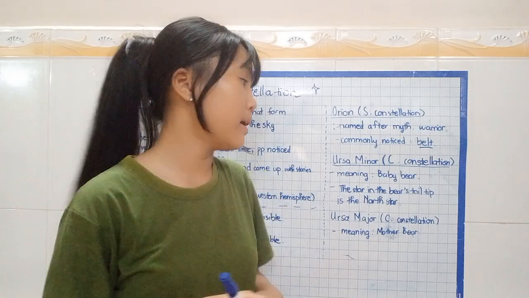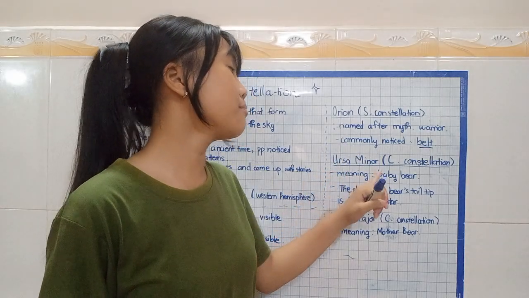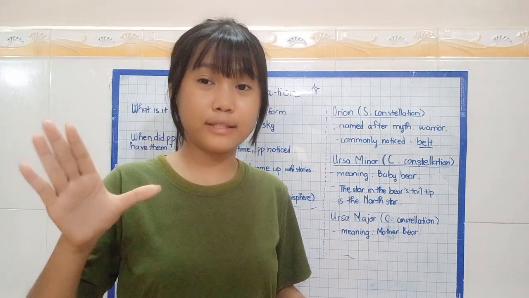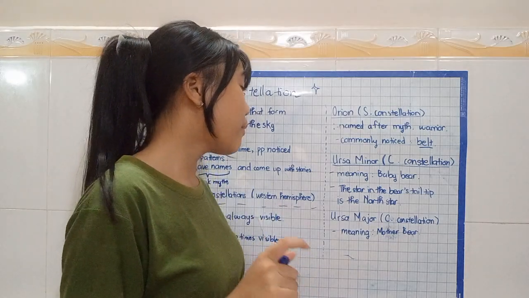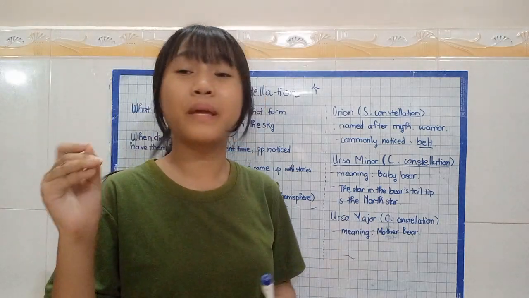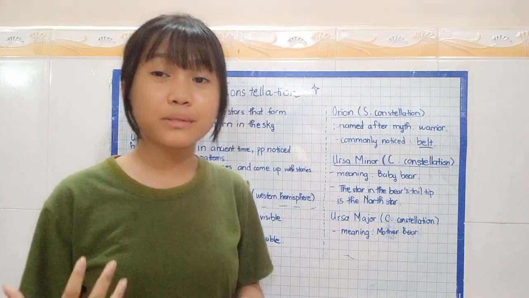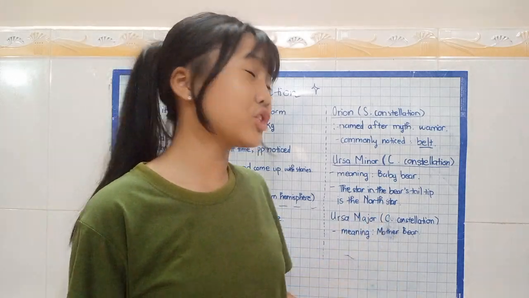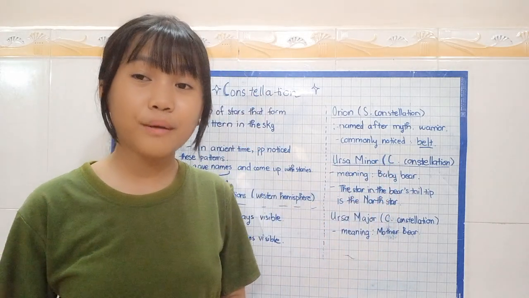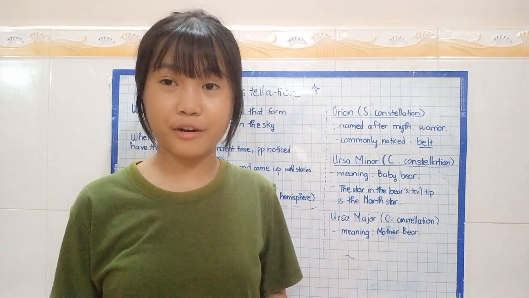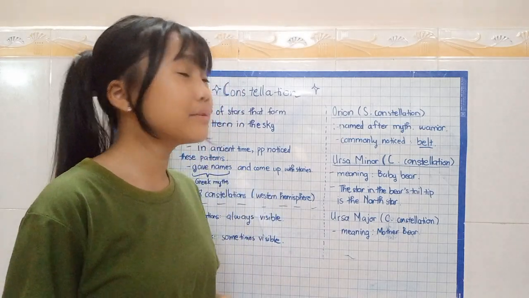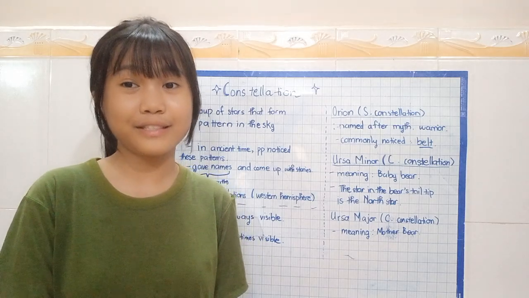So when you look up and find Ursa Minor, just look next to it, and you would see Ursa Major. People in the past made up stories that Ursa Major is always next to Ursa Minor, the baby bear, so that the mother bear could protect her baby bear. That is a really nice story for these constellations, right?